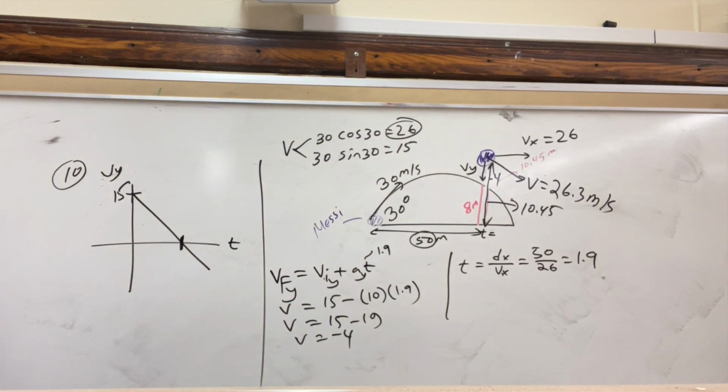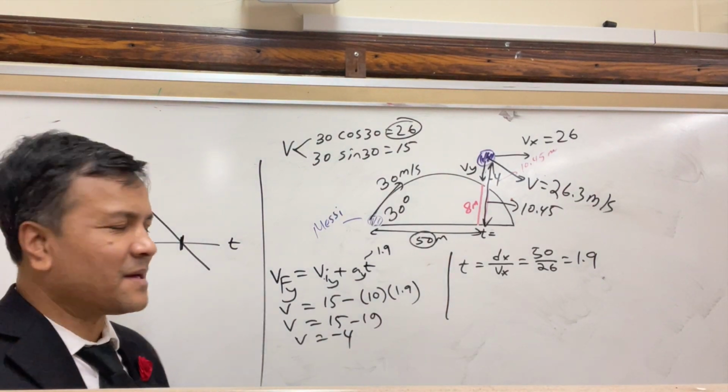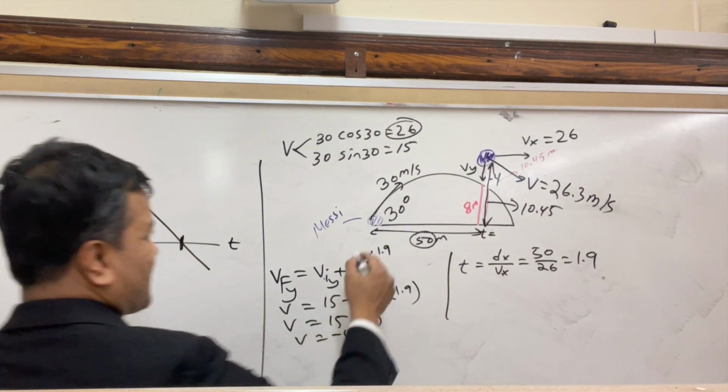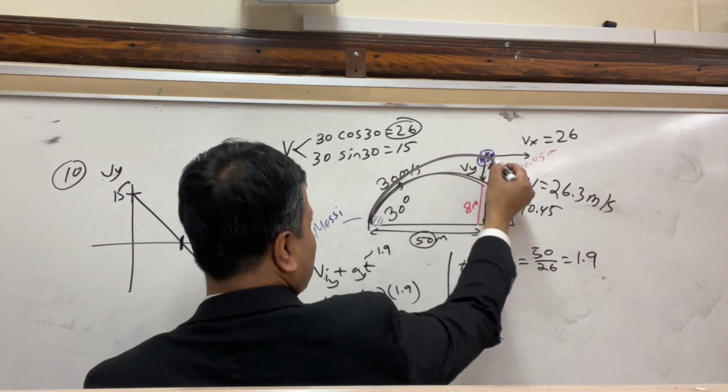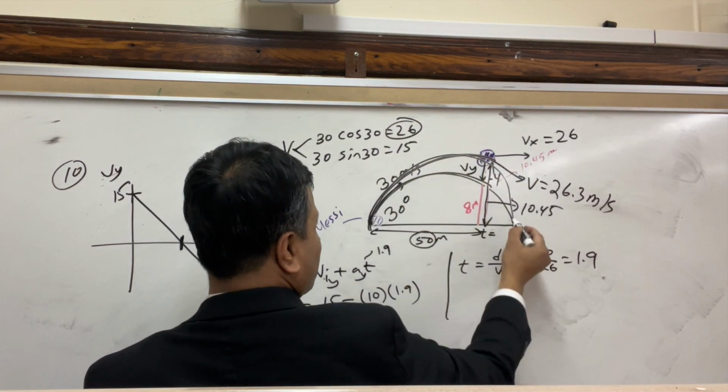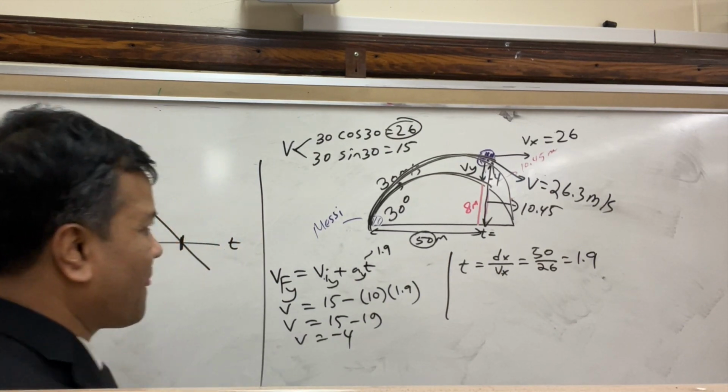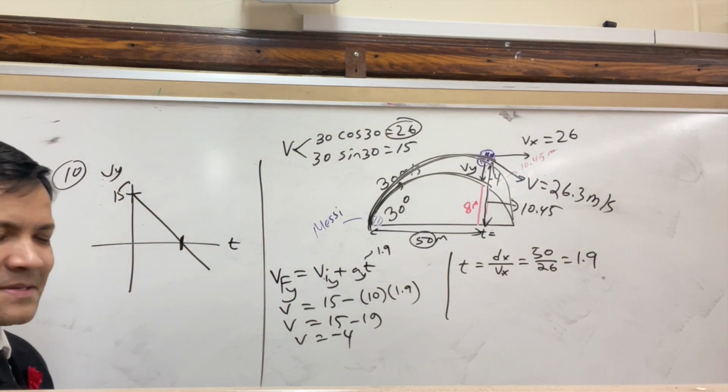You need to know the entire time, right? How do we know the entire time? From here to here? No. From here to here? No. From here to here is 1.9. But from here to here, everything. And that is how much?